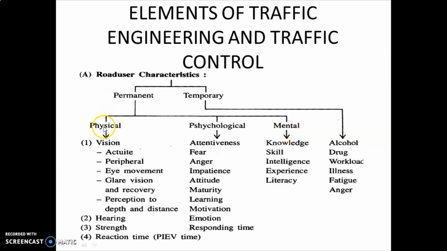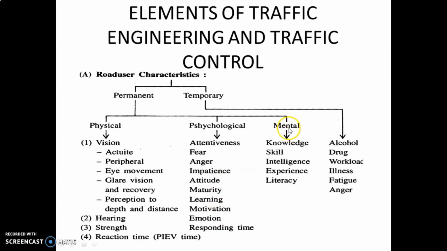Now come to physical. Again, it is classified into vision, in that acuity, peripheral vision, eye movement, glare vision and recovery, perception of depth and distance; then hearing; then strength; and fourth, reaction time, which is also called PIEV time. Psychological is further classified into attentiveness, fear, anger, impatience, attitude, maturity, learning, motivation, emotion, and responding time.